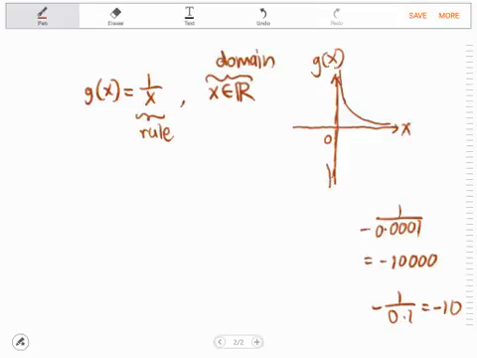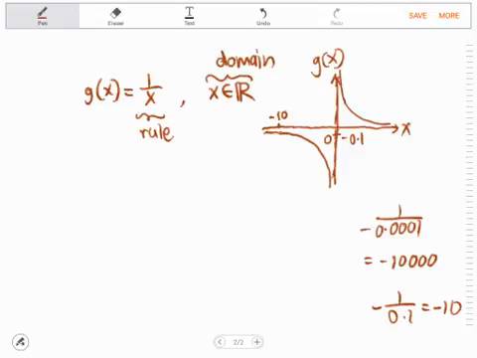When 1 divided by minus 9999, for example, if the number here is very large, like minus 9999, you give me a very small negative number. Let's say if this is minus 10, then this will be minus 0.1.